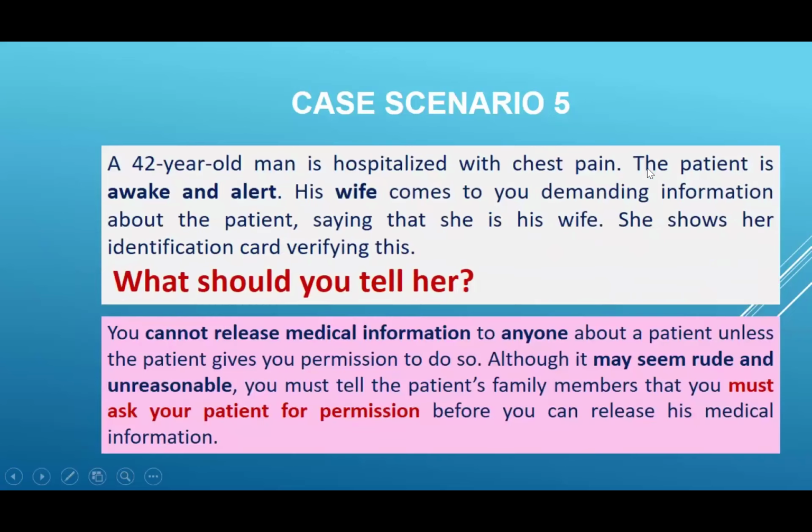So you cannot release medical information to anyone about a patient unless the patient gives you permission to do so. Although it may seem rude and unreasonable, you must tell the patient's family members that you must ask your patient for permission before you can release his medical information.